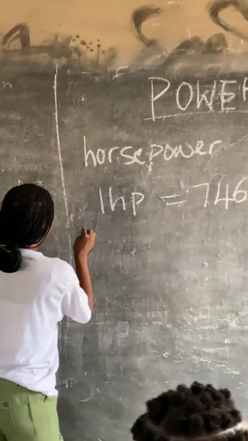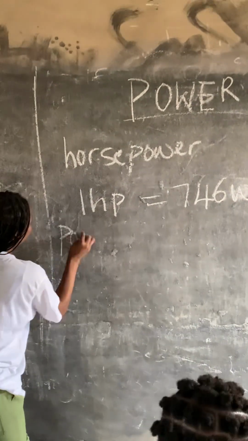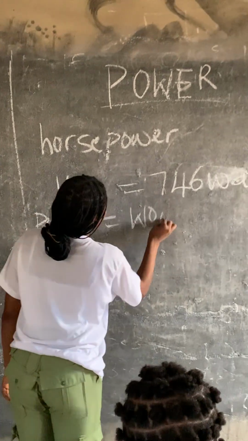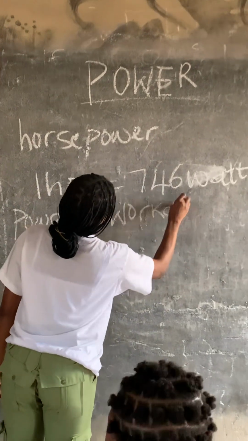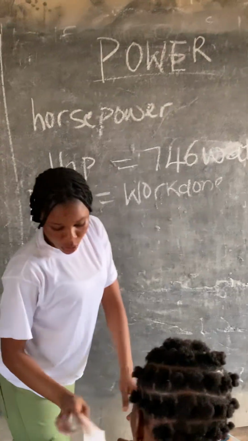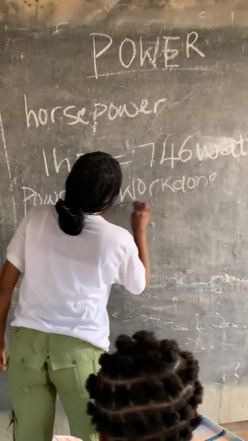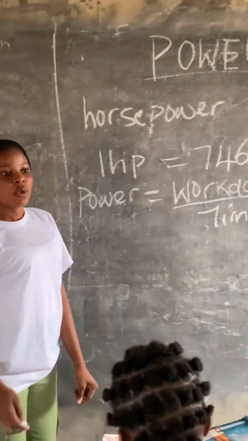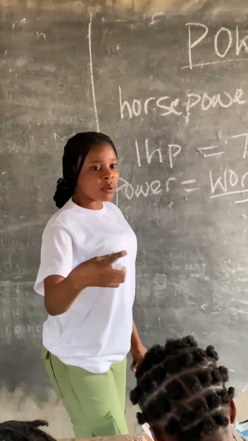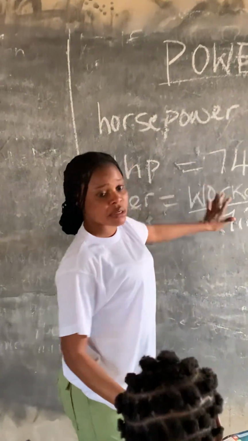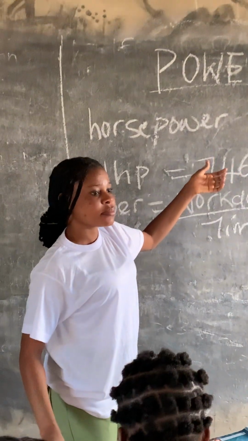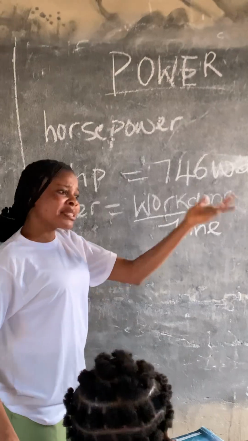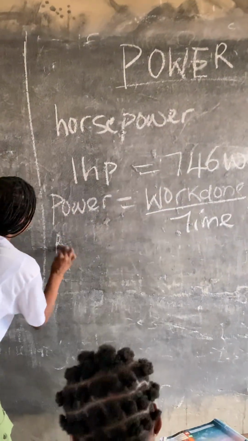Remember, from your formula of power, it is equal to work done all over time, right? Yes. So now recall, I gave you the formula for work done. The formula for work done is force times distance.